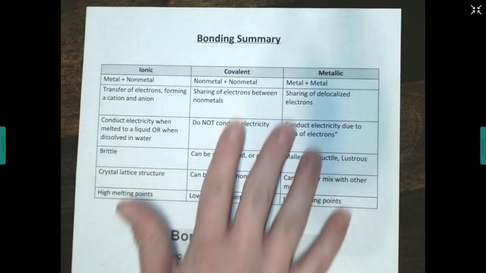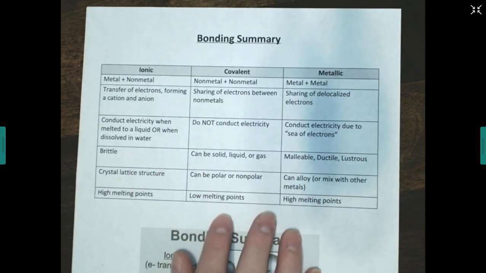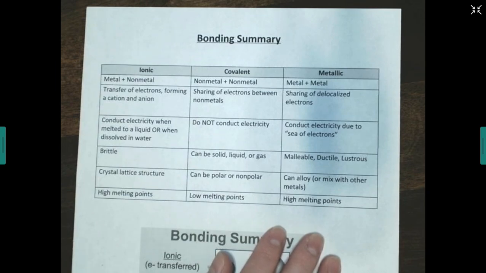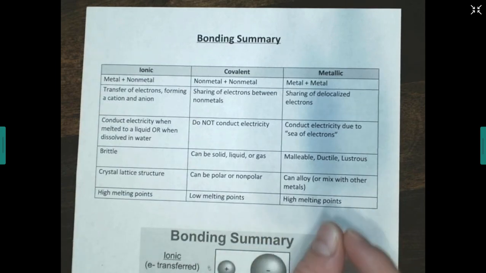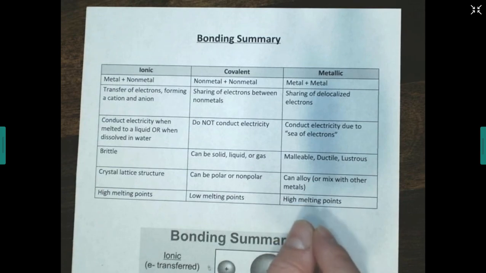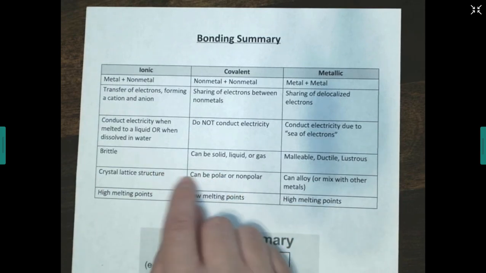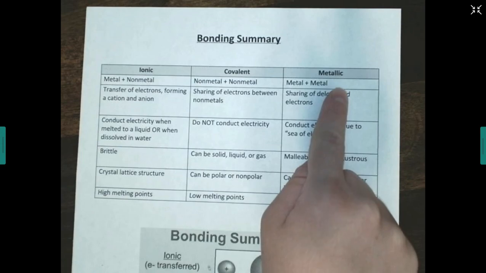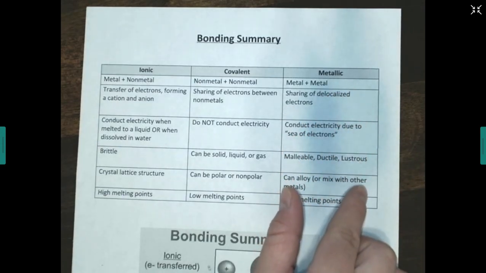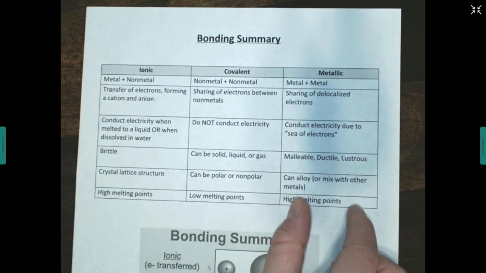They're sharing those delocalized electrons, and those electrons are free flowing over the surface of the metal. But metals don't combine in exact ratios the way that ionic and covalent bonds do. So we more talk about metallic bonding in terms of what properties they give metals. Anyway, I just want to clear that up.